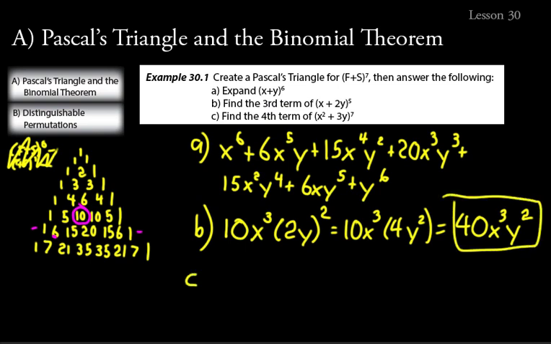And then in C, the fourth term of x squared plus 3y to the seventh. So look at that row with the 7 as that second coefficient there. Looking at the fourth term, that would be a 35 in that row. So another way to write these to start with is to say 35, and then what are our first and second exponents here?